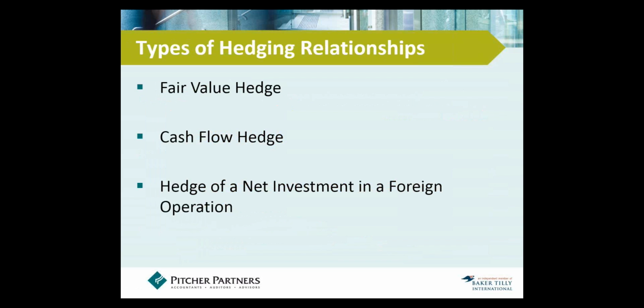So you enter into a derivative where you expect the fair value movement to be in the opposite direction, so that the two together get to a more or less zero impact on your profit and loss. So that's one alternative, and I'll show you an example.